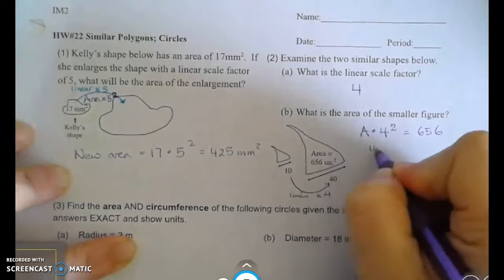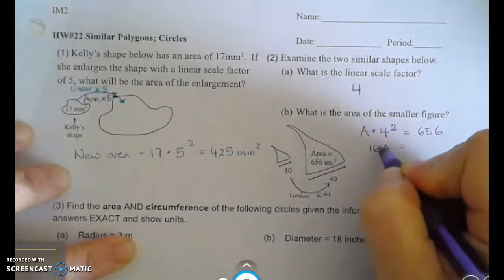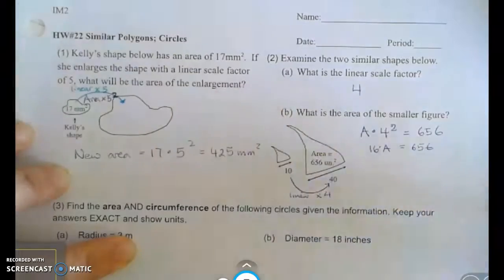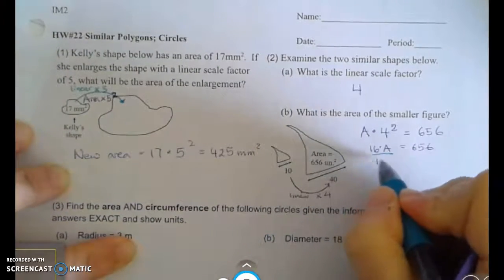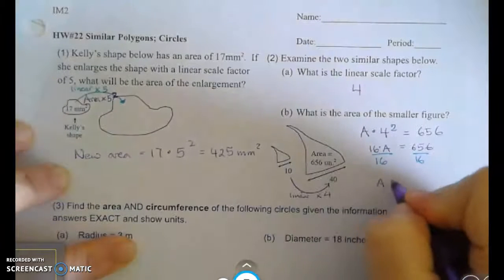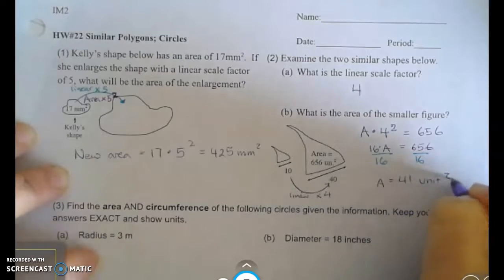So 16a, since 4 squared is 16, equals 656. You divide both sides by 16, and you get the area is 656 divided by 16, which is 41 units squared.